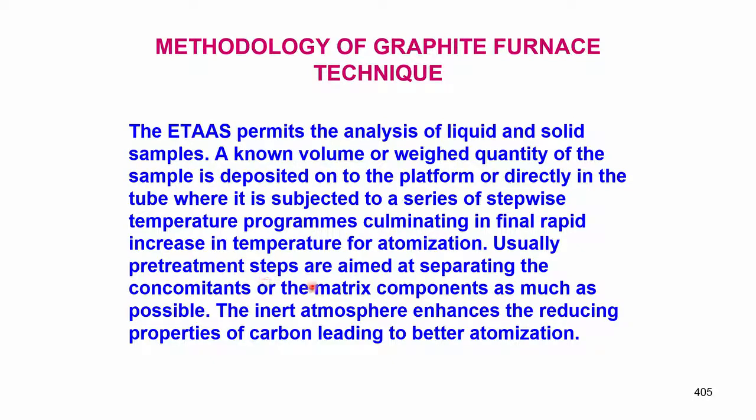So, usually pre-treatment steps are aimed at separating the concomitants or the matrix components as much as possible. So, the inert atmosphere enhances the reducing properties of carbon, leading to better atomization.